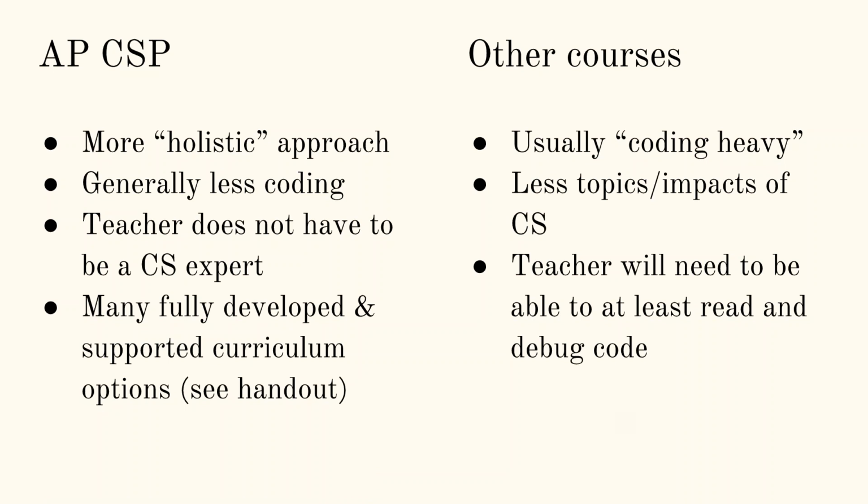It talks about computer innovations and their impact on society, the beneficial and harmful effects that computer innovations might have. It talks about big data and how that impacts our society now. So a lot of different topics that you may not get into in a traditional coding heavy introductory course.